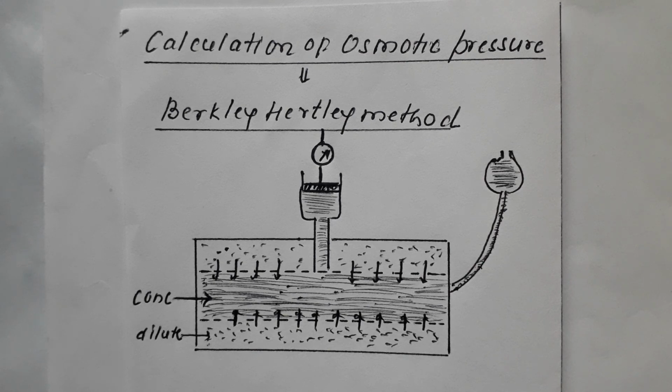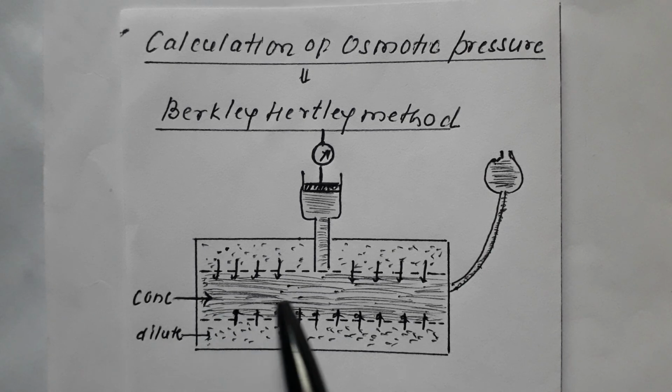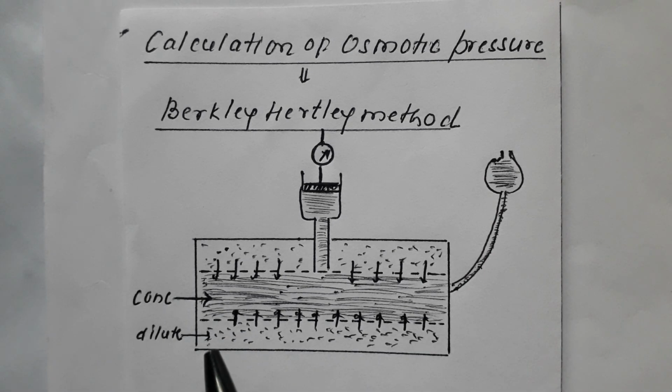Now when this system is allowed to operate, what happens? The solution inside is concentrated, the solution outside is dilute. Therefore there will be movement of solvent particles from outside to inside.